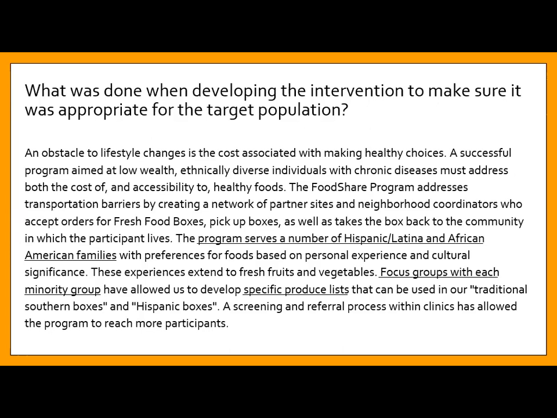These families each have food preferences based on personal experience and cultural significance. The intervention developers mention here how they held focus groups with the 2 groups that helped them to develop specific produce lists for the different boxes, which is a nice example of how the intervention worked to make sure it was appropriate for the target population.